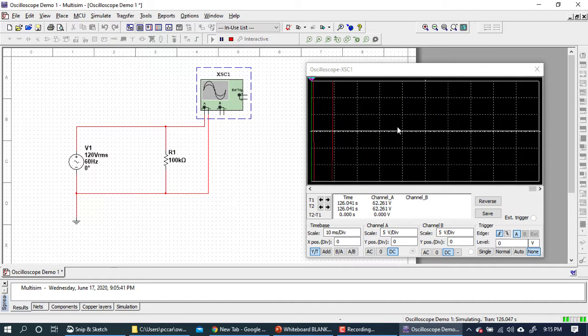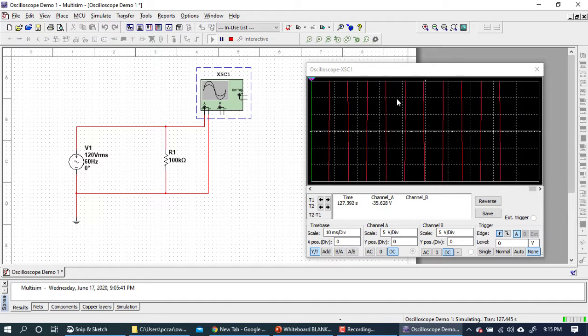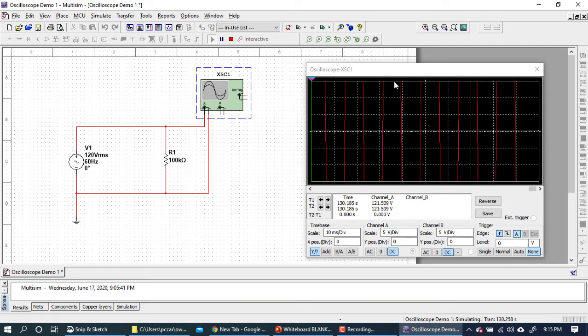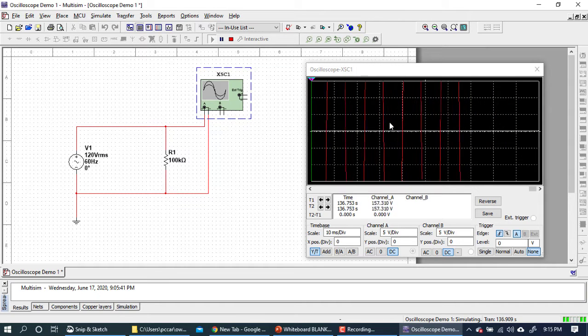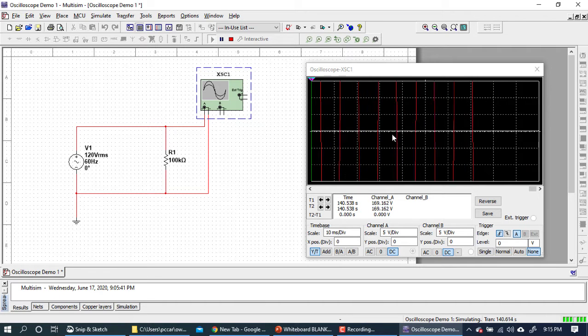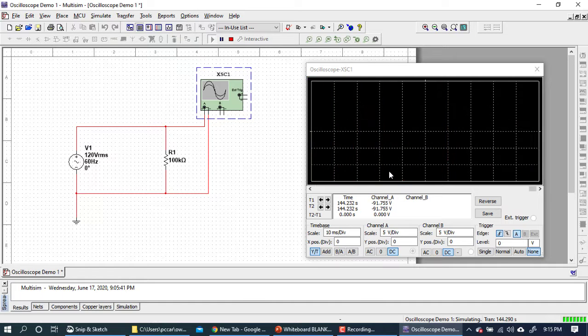So right now at 5 volts per division, this screen can show plus 15 to negative 15 volts. Above the middle line, we can get up to 15 volts. Again, that would be 5, 10, 15. And below the line, it would be negative 5, negative 10, negative 15, because remember, it's 5 volts per division.